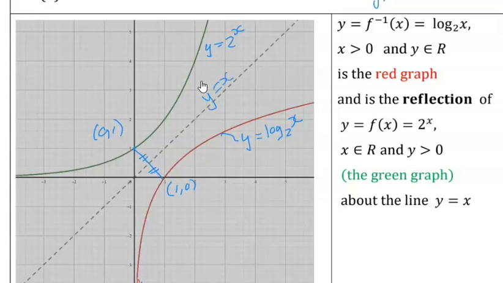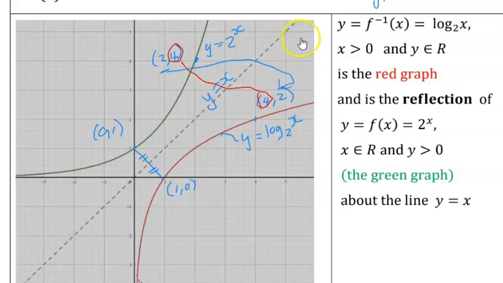If I take a point here, x equal to 2, y equal to 4, then the point x equal to 4, y equal to 2 will also be on the inverse. So the y here became the x here, and the x here becomes the y there.